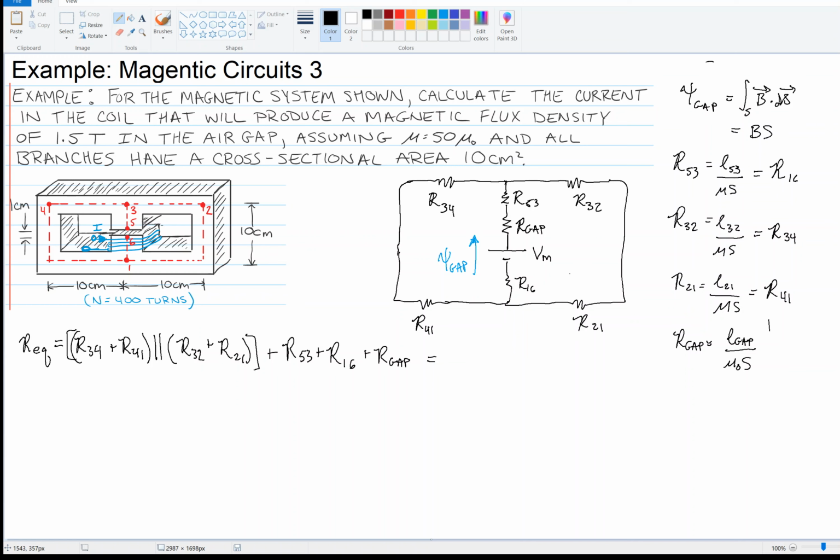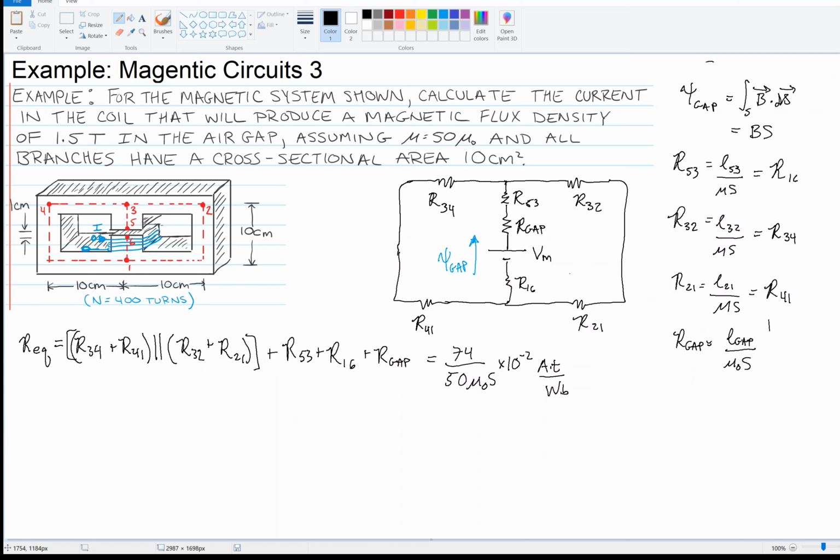So when you plug in all of those numbers and compute the parallel combinations and so forth, you get 70 over 50 mu 0, times 10 to the minus 2, and this is amp turns over Weber. That's reluctance. So each one of these terms has a mu 0 in the denominator, so we're just going to keep it like that for now. Okay, so we're going to move on.